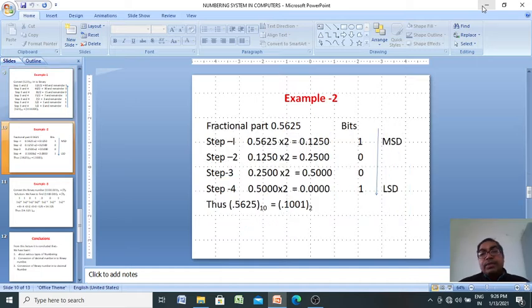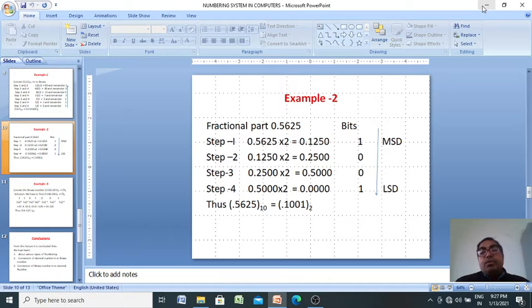The example for the fractional part. In the fractional part, if we want to convert it into a binary number, we multiply the given fractional value by 2. For example, if we take 5.5625 to be converted to binary, multiplied by 2, we find 1.1250. Here, the part before the decimal point, 1, is the bit. Second, the fractional part is again multiplied by 2.